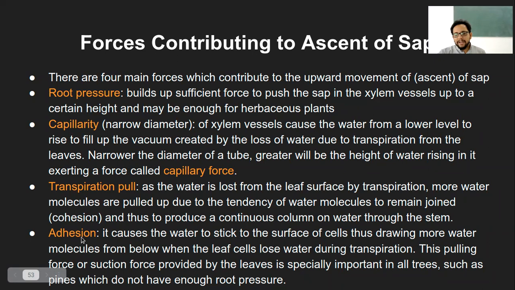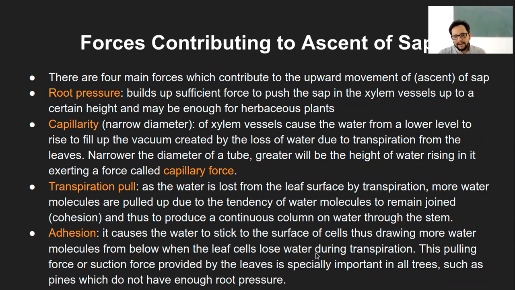So this adhesion causes the water to stick to the surface of the cells, thus drawing more and more water molecules from the lower leaf surface, and they lose the water during the transpiration process.